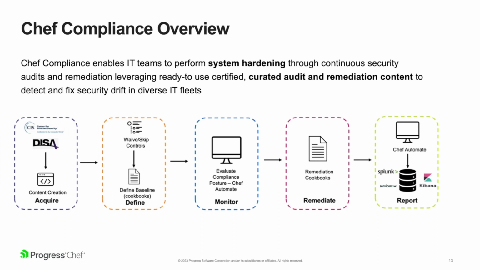Once you've audited and monitored, you need to remediate if any misconfigurations are identified. Chef helps you automatically remediate and address this drift. And finally, reporting. We have complete single pane of glass reporting that can also be fed into third parties like Splunk, ServiceNow, and more.